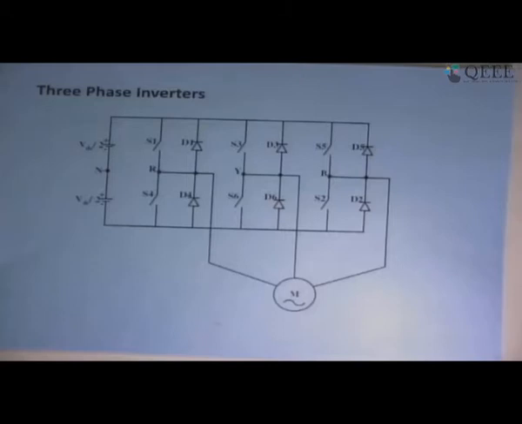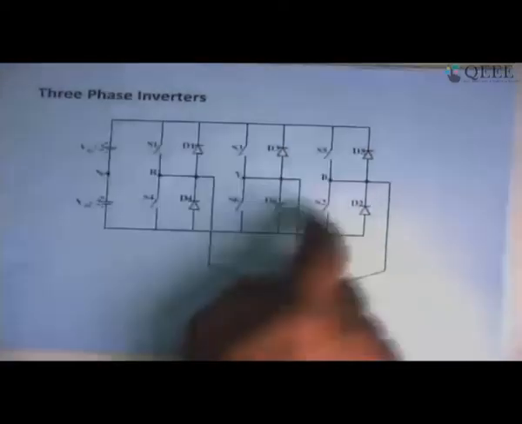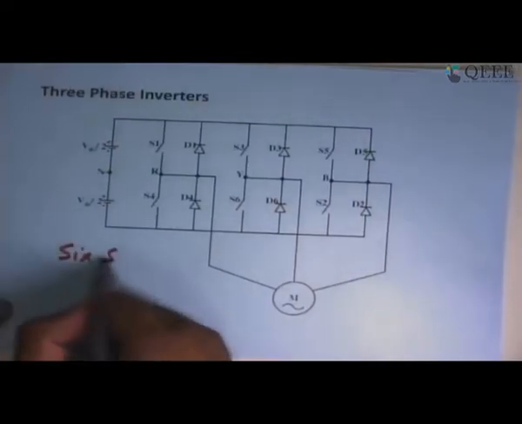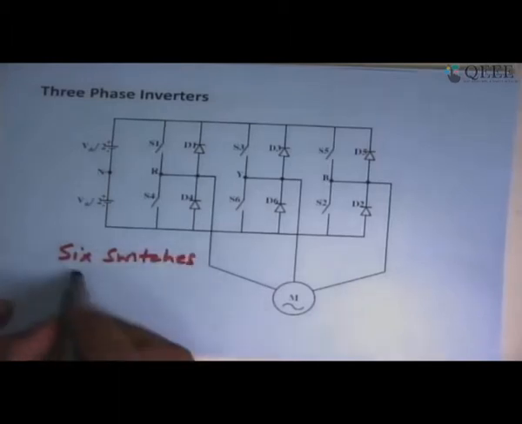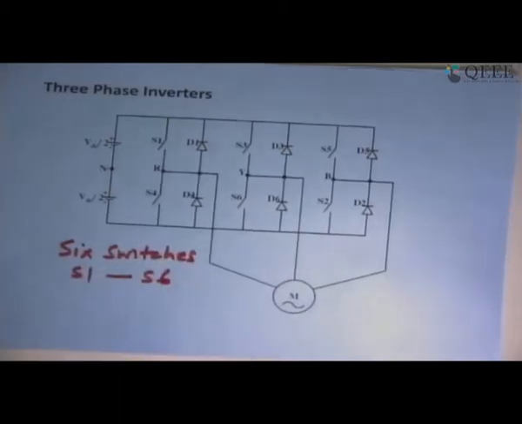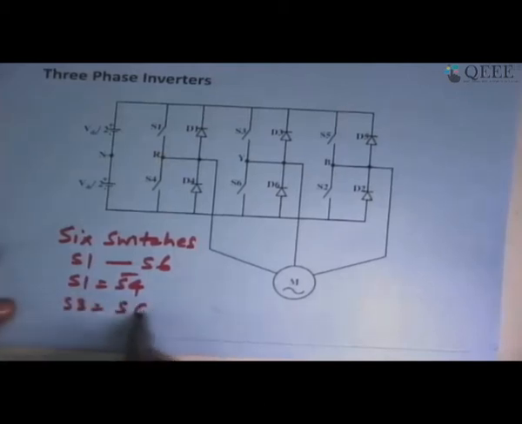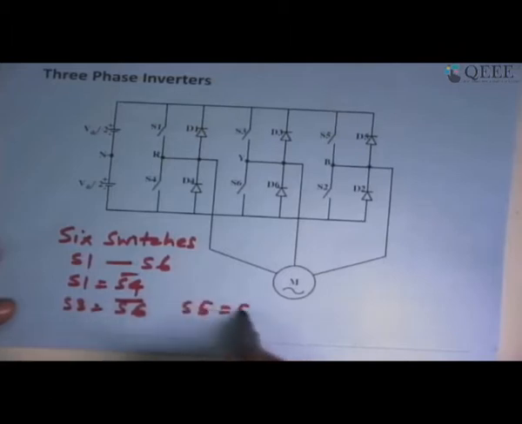The circuit diagram of the 3-phase half-bridge inverter: we have 6 switches, S1 to S6, and we also know S1 and S4 are complement, S3 and S6 are complement, and S5 and S2 are complement.